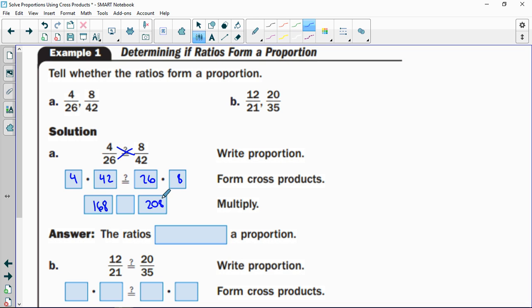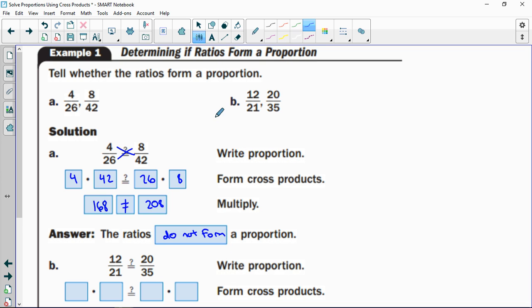Did I get that right? Double checking. They do not form a proportion. They're not equal. That's not a very big line for that.